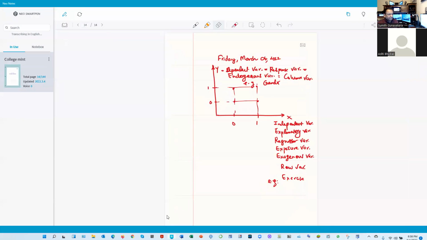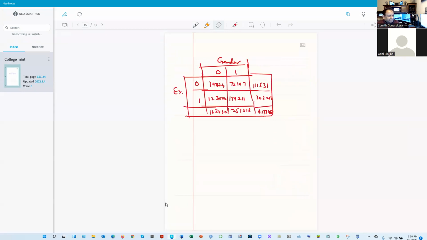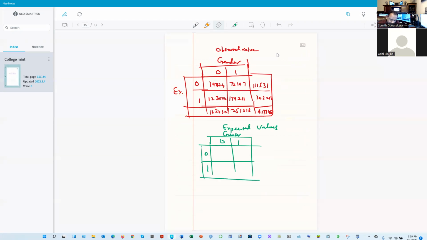So see, these are the observed values. If you need the expected values, see, 0, 1 for gender and 0, 1 for exercise.